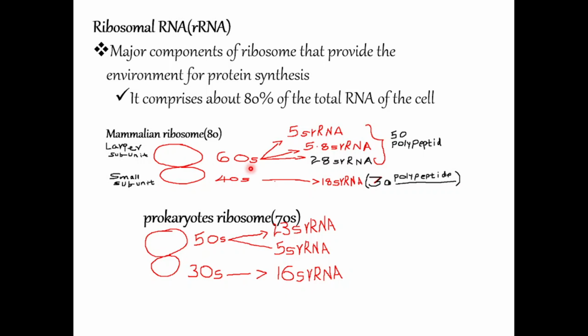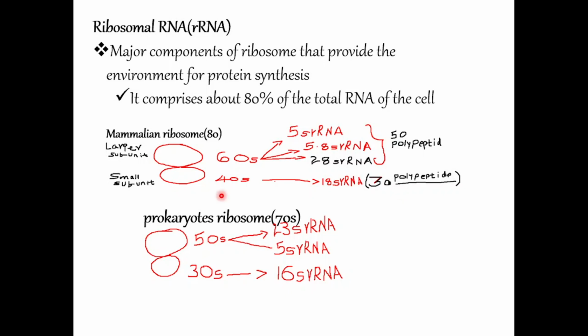The larger subunit, 60S, where S is the sedimentation coefficient, not exactly molecular weight. 60S and 40S. 60S contains 5.8S, 28S, maybe 50 polypeptides. The small subunit, maybe 18S, maybe 30 polypeptides.